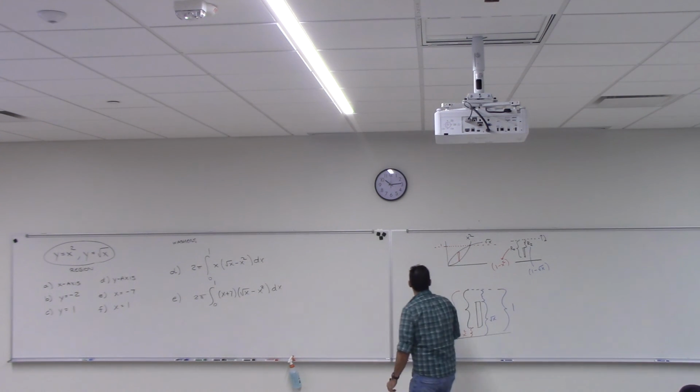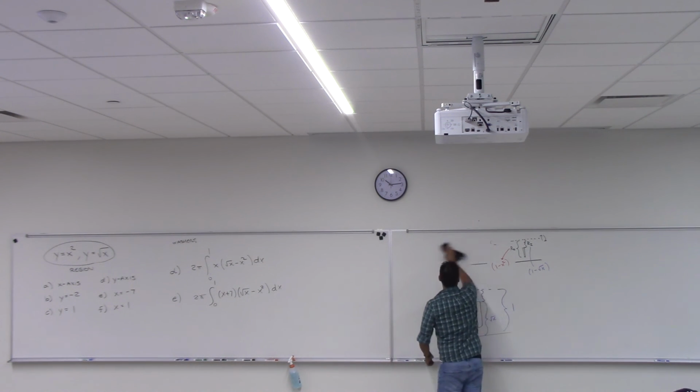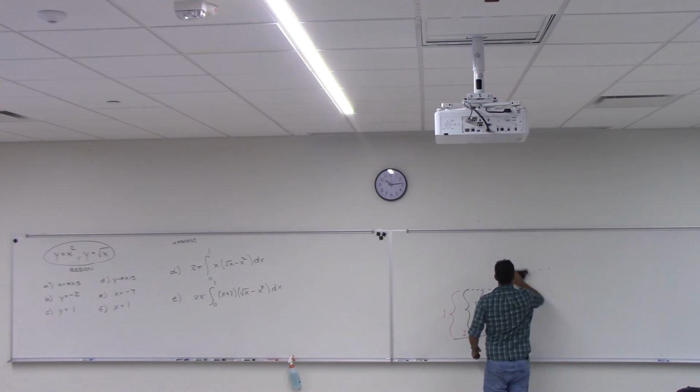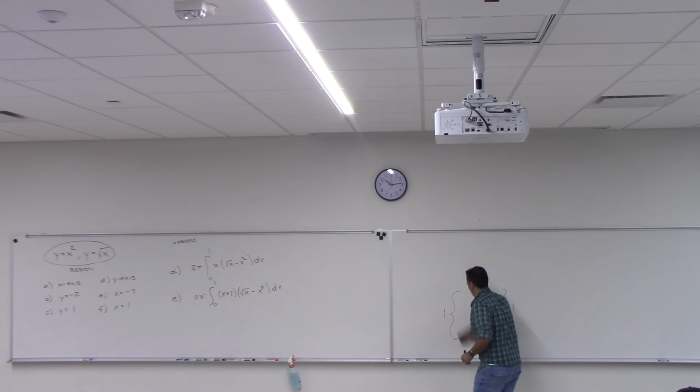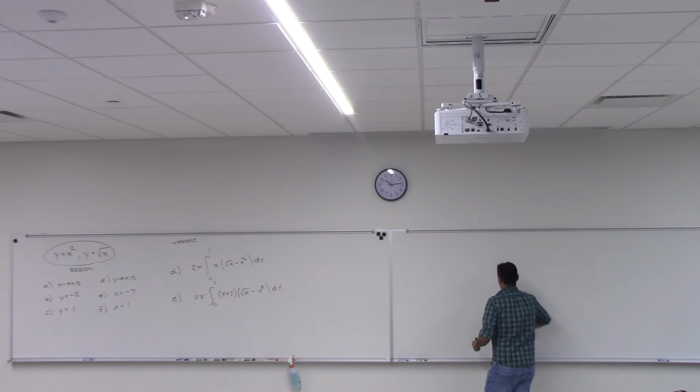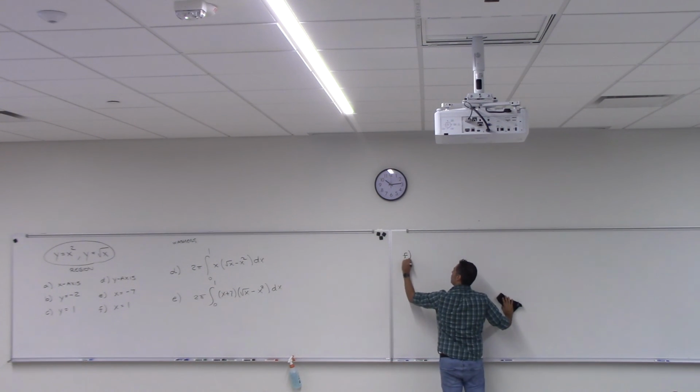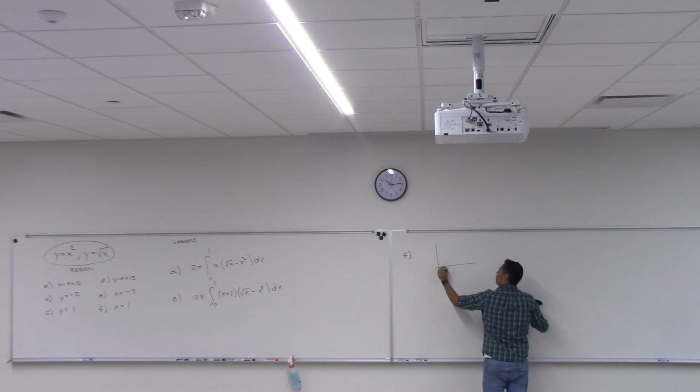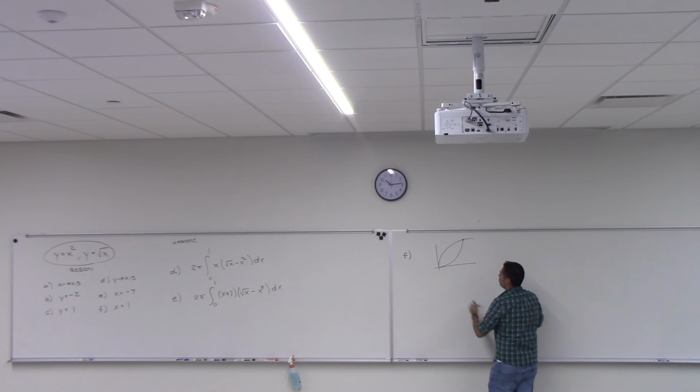Now, you asked for me to do F, so I'll actually show F. So for F, I can draw my region. My axis of rotation is actually here at 1, isn't it?